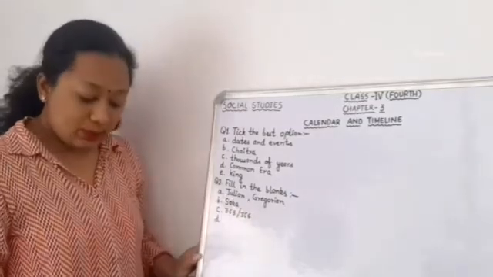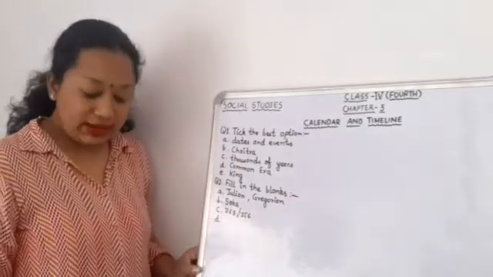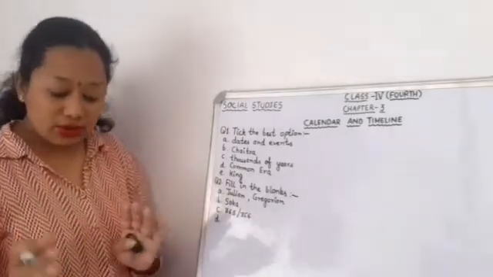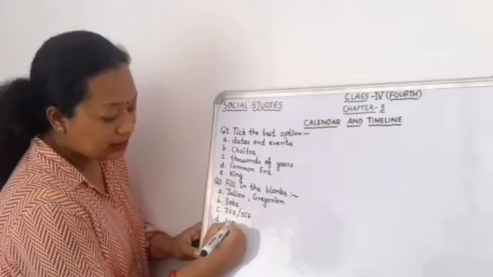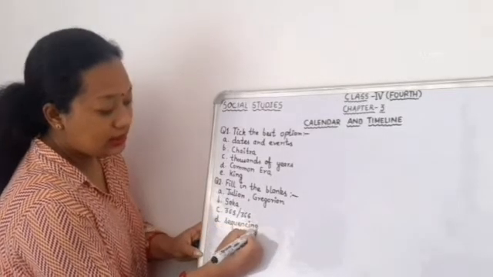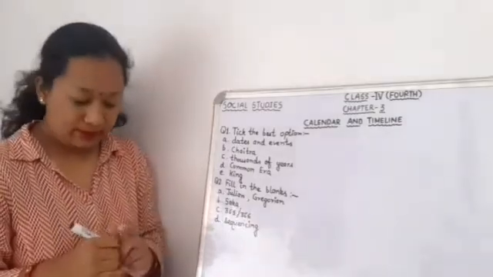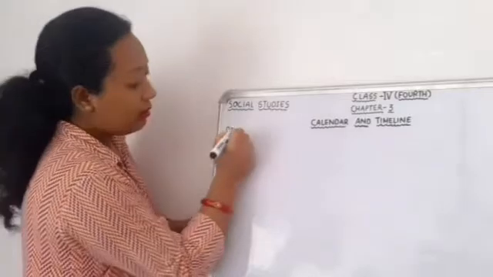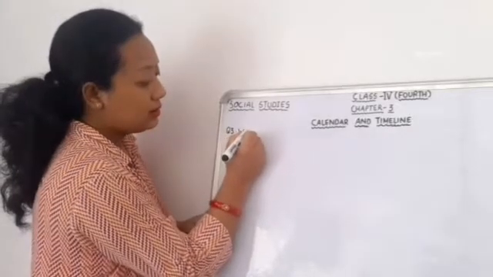Number D is, the process of putting events in the right order. When we put the events in the right order, this process is called sequencing.